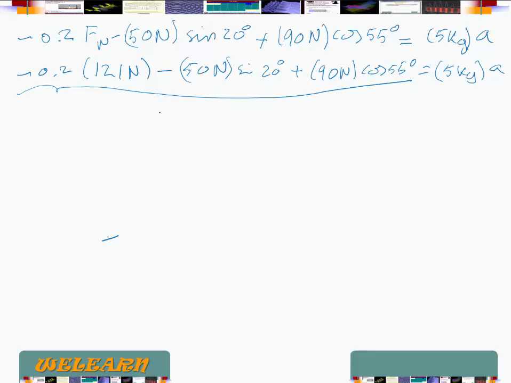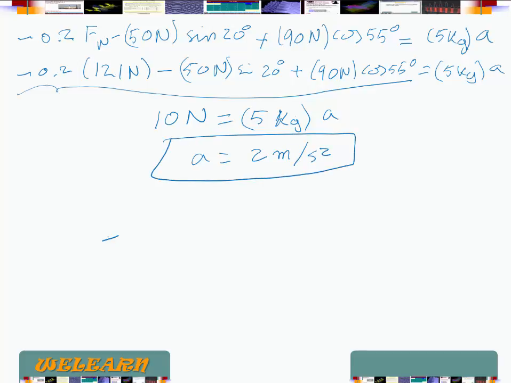As we calculate them, they come out to be 10 newtons is equal to 5 kilograms times A. So that gives me my A, 10 over 5, which is 2 meters per second squared.